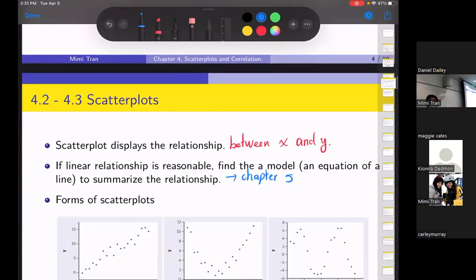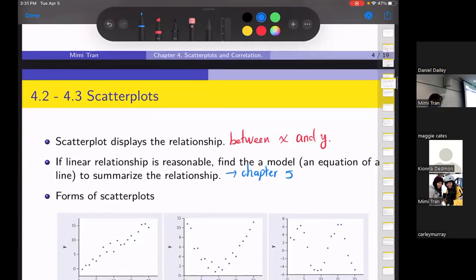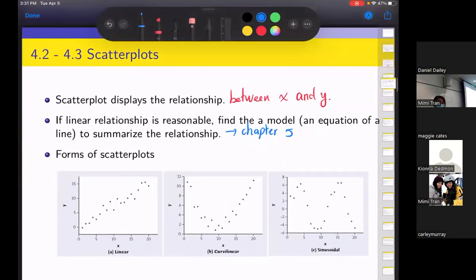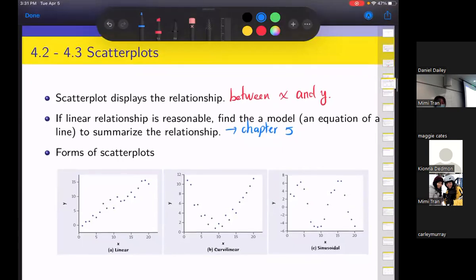You get it eventually. Okay, so what does a scatter plot look like? There are 3 types of scatter plot for this class. The first 2 you're probably going to see a lot, but not the last one. So the first one is linear, right? Just like the name indicates, everything is kind of hovering around a line. The second one is curved. It looks like a parabola, open up or open down, but it's curved, right?